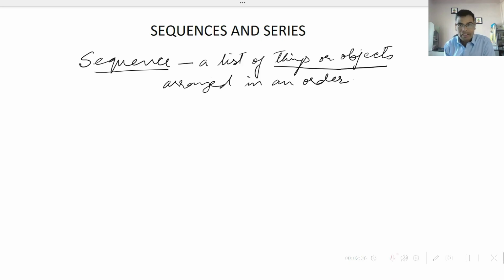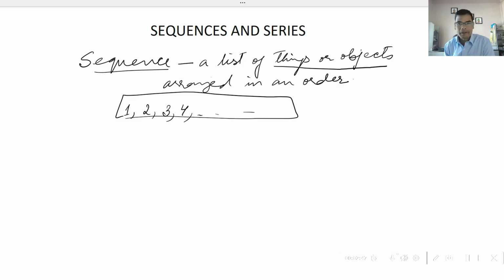For example, we can take the things or objects to be numbers. So 1, 2, 3, 4, and so on. This is an example of a sequence.